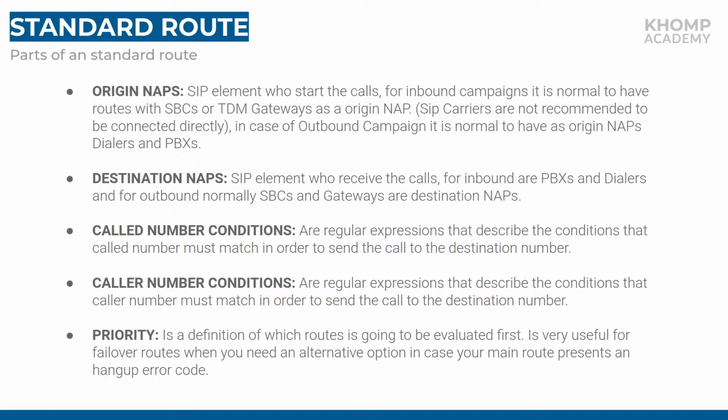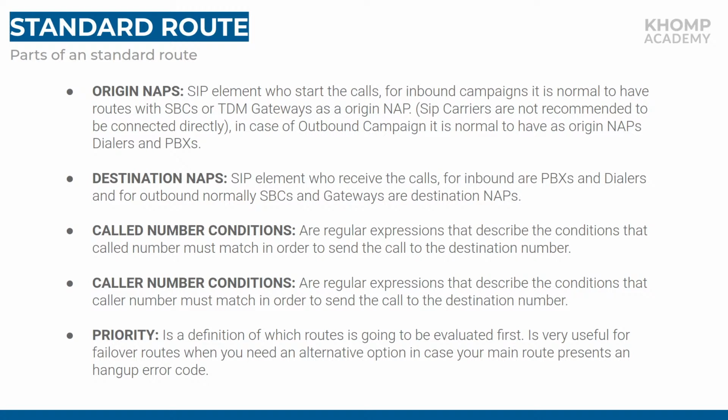For example, if you are receiving the call from an SVC that is connected to a PSTN carrier, this will be considered the origin NAP, and then you will have a VoIP engine receiving the call. That VoIP engine could be a PBX or could be a dialer.